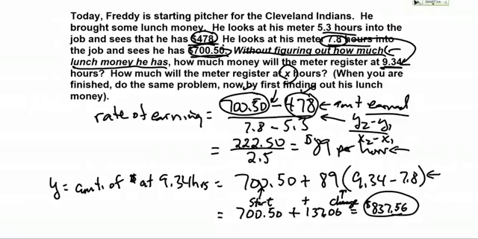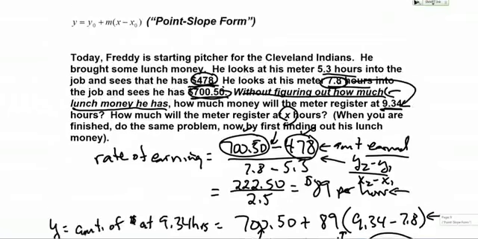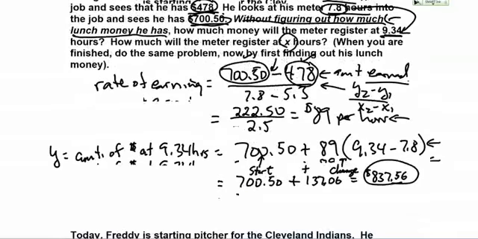Now notice that we could have solved that same problem with the starting amount being what he had at 5.3 hours, which was $478. So let's figure out, is this the same? We're going to start with the $478 and add in, we want $89 per hour, but now it's since 5.3 hours, not 7.8 hours.